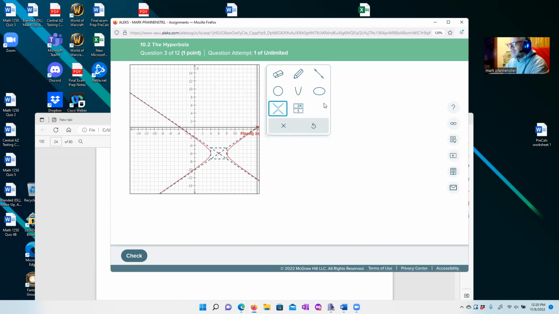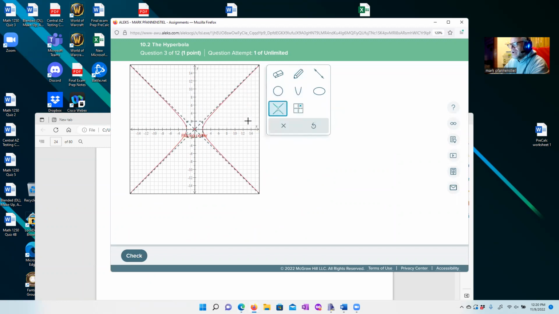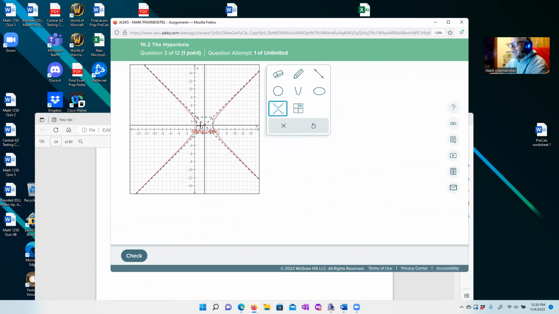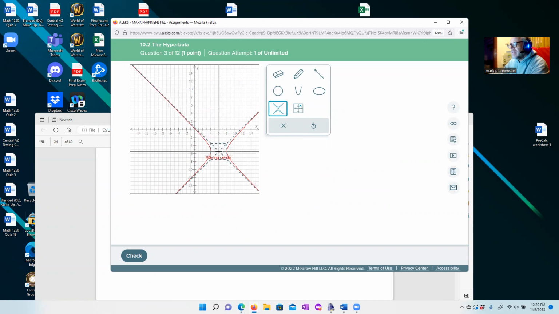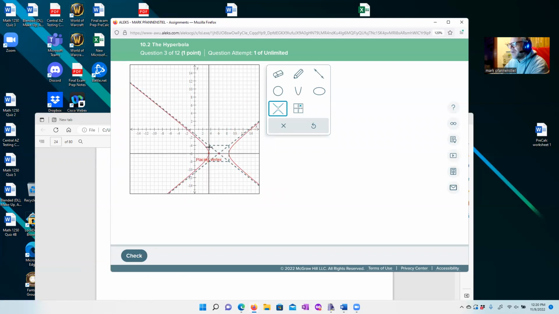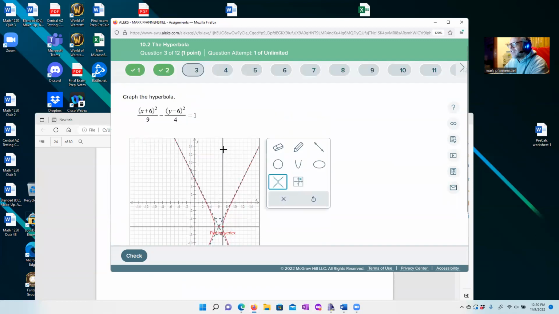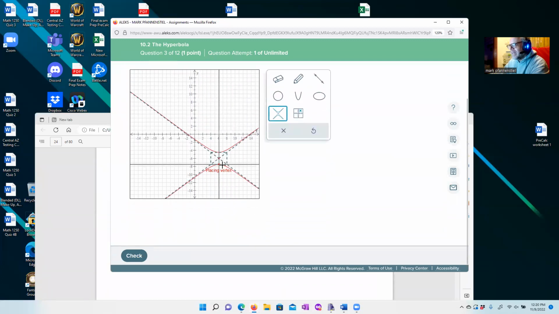But let's go ahead and start over. So where is our center? We are at 6, and we said -6, didn't we? So 6, -6, so I've got my center here. See if I can't line that up. Vertices: we are going in the x direction, and we want 1, 2, 3 in either direction.